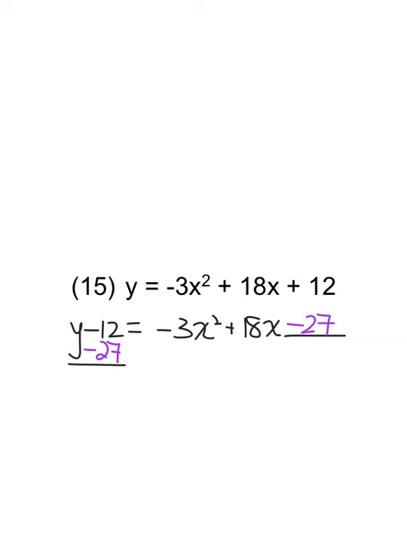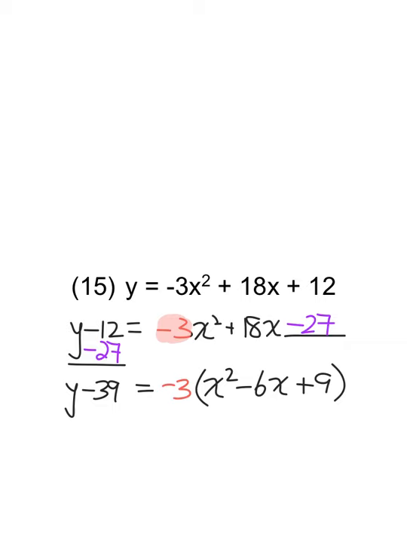So y minus 39 is going to be equal to this whole thing here, but we have a leading coefficient. That leading coefficient is a negative 3, so I'm going to factor it out. X squared minus 6x plus 9.